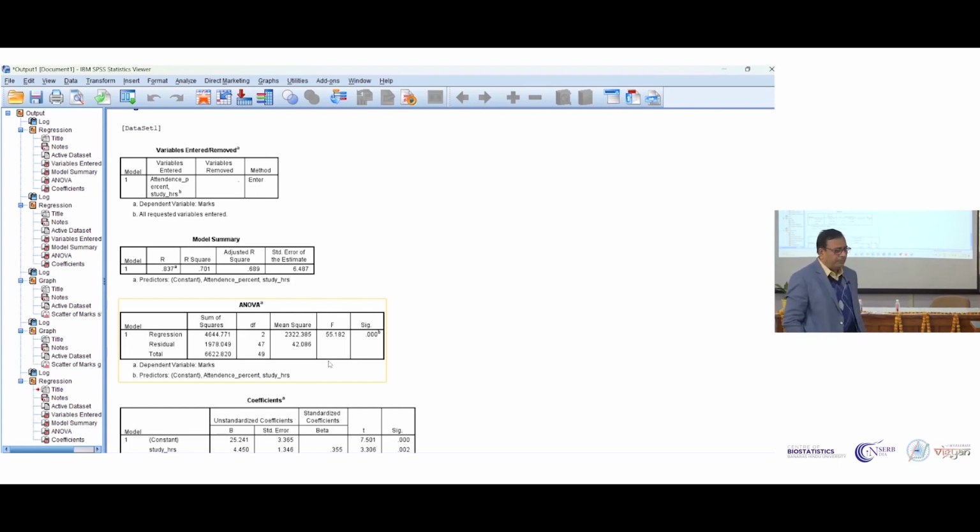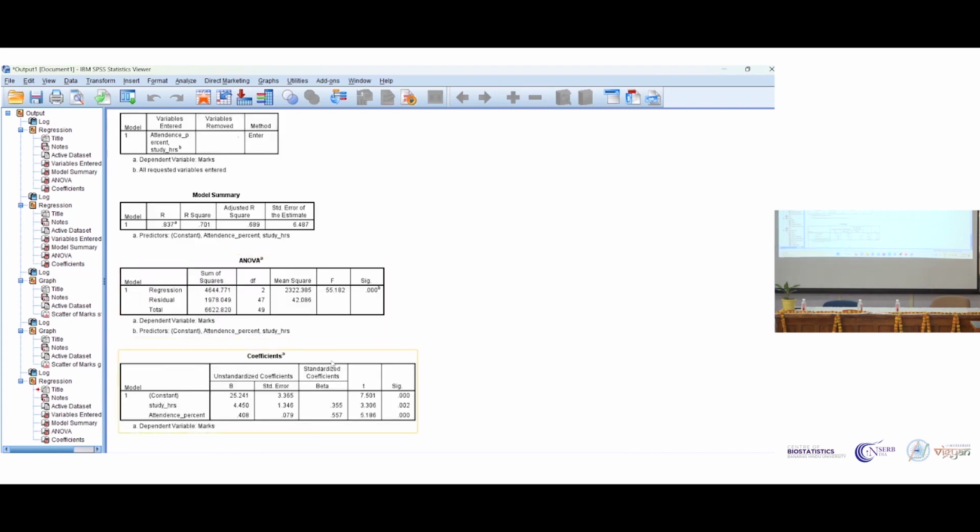The regression model, the proposed regression model is 25.24 plus 4.45 x1. x1 means अटेंडेंस था ना? हाँ, x1 हम लोगों ने स्टडी, तो आप 0.048 x1 लिखोगे. 0.048 x1 plus 4.45 x2.